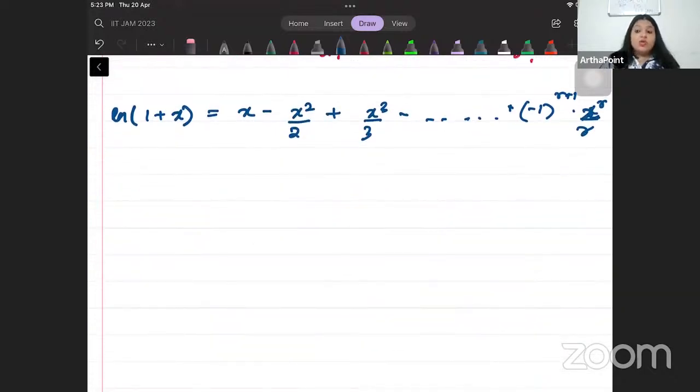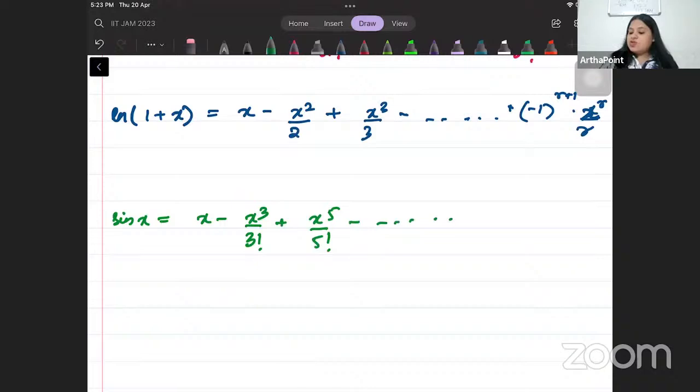Similarly, you should know the expansion of a lot of basic functions at least. For example, you should know the expansion of sin x. It is x minus x cube by 3 factorial plus x to the power 5 by 5 factorial and so on, plus minus 1 to the power r x to the power 2r plus 1 upon 2r plus 1 factorial.